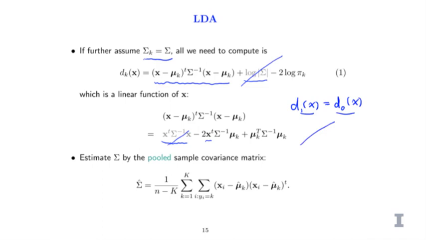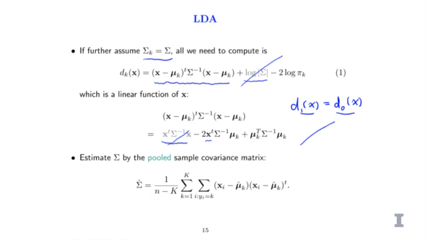In practice, we estimate pi k and mu k similarly to what we did for QDA. How we estimate sigma, the shared covariance matrix, is often by this pooled sample covariance estimation. Pooled means we pool the information about covariance from the capital K different classes.